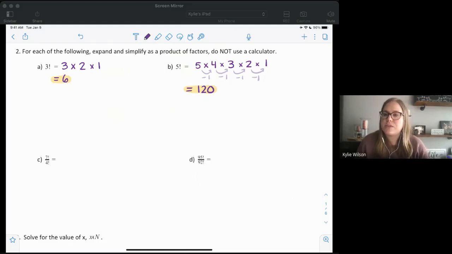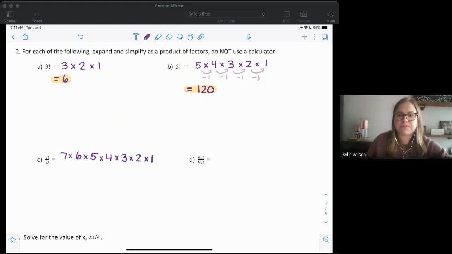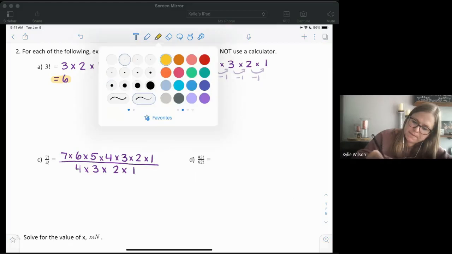I'm just going to expand my numerator and my denominator. So we'll have 7 times 6 times 5 times 4 times 3 times 2 times 1. I just expanded the numerator. And now I'm going to expand the denominator. So I'll have 4 times 3 times 2 times 1.